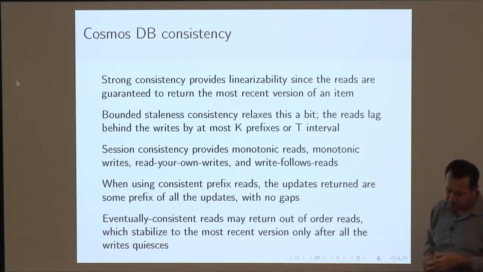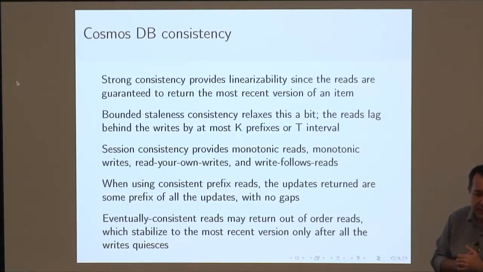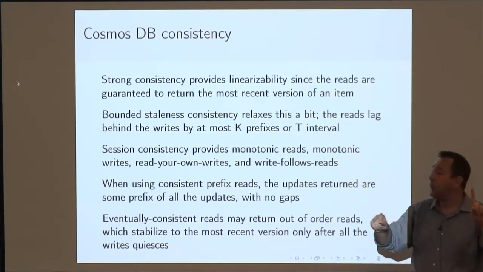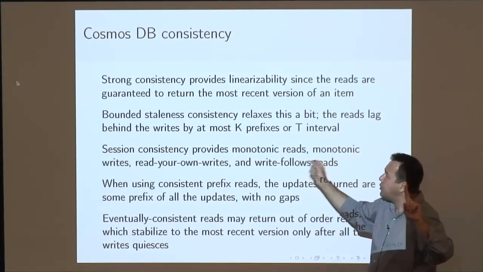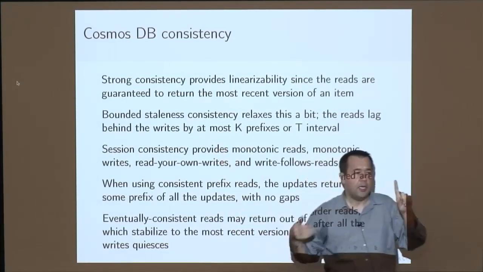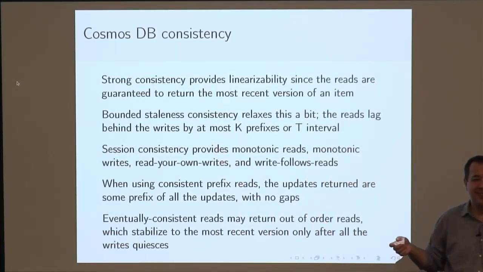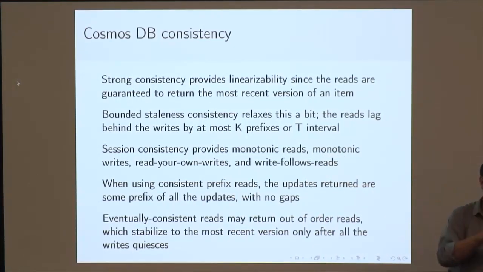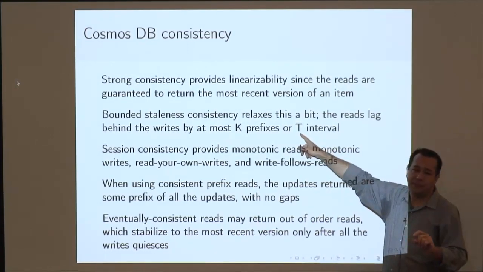Bounded staleness relaxes this a bit. It says that this read is going to get maybe not the latest write that's acknowledged, but within k of them. Right? If there were 3 writes, this is going to give you not older than the last 3 writes, or not older than the last 3 seconds.